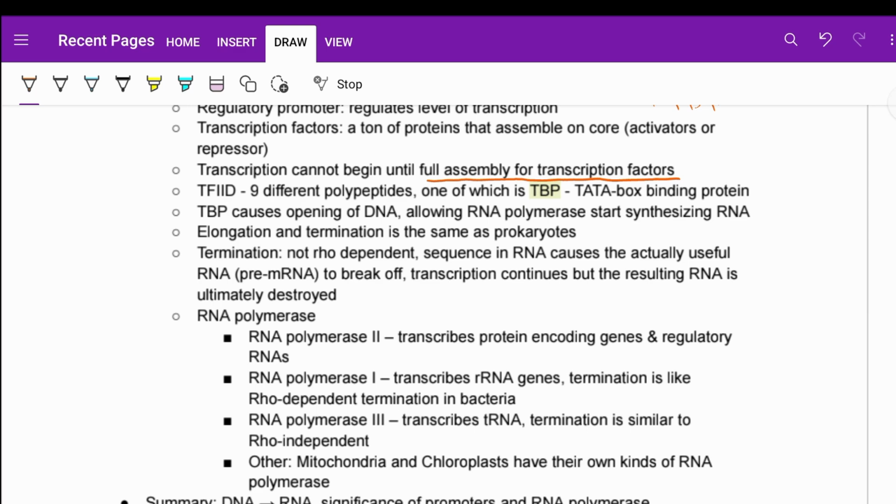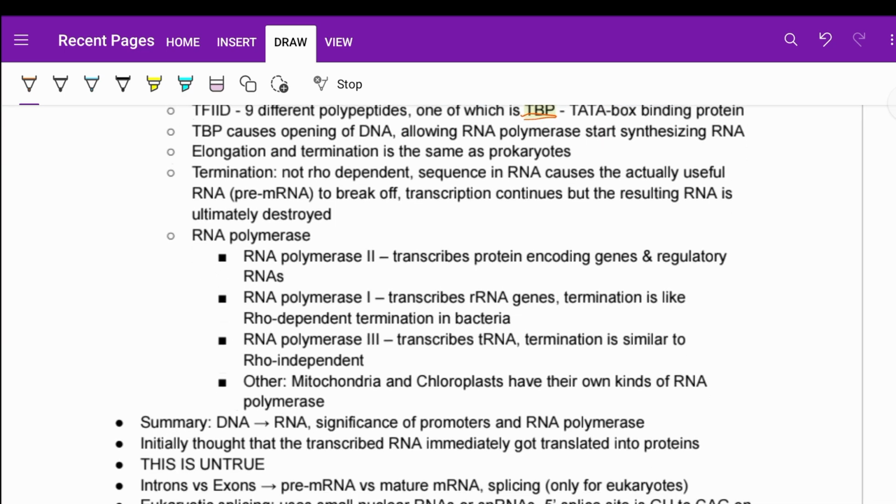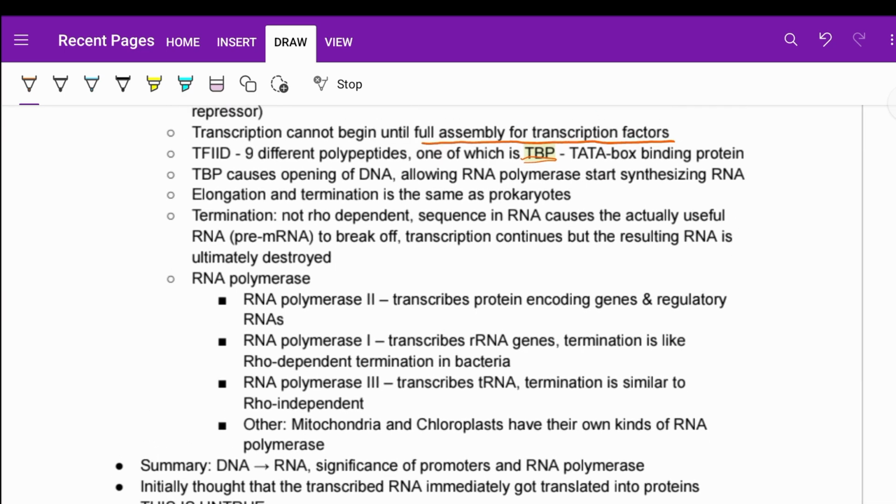We have 9 different proteins plus this protein, and a bunch of other ones, but that's not really that important. The one you should know is probably the TBP, which is the TATA box binding protein, and it opens the DNA and allows RNA polymerase to start synthesizing.